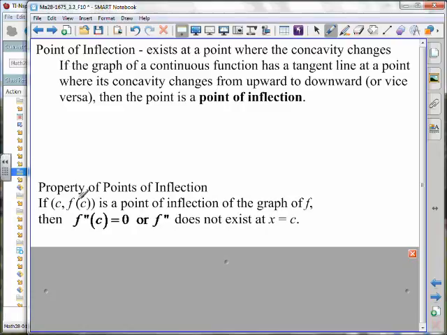If this is a point of inflection, C is the input, F of C is the output, then the second derivative at that point is 0 or it doesn't exist. Keep that in mind. Or it doesn't exist. We can always have that possibility. That's kind of a formal definition of what we've been talking around about.